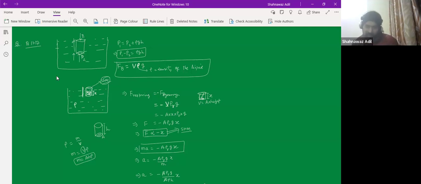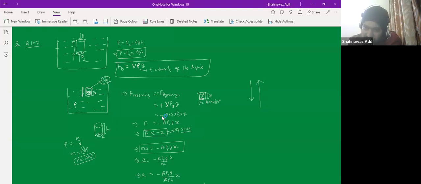This restoring force is actually provided by the buoyancy force, right? This minus is coming due to this x, which is in the opposite direction. That is why this minus is coming, so we should not write it here, we should write this minus here. This minus is coming because we are pressing this thing downwards, but the force is upwards.